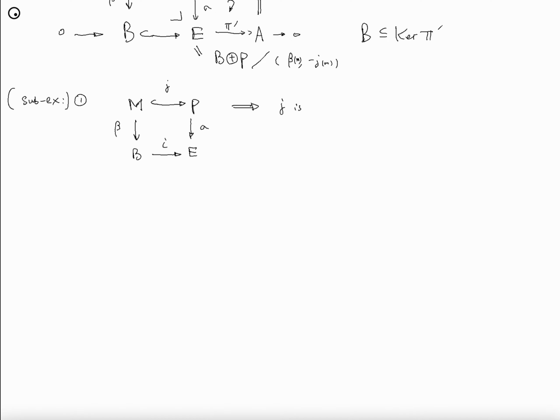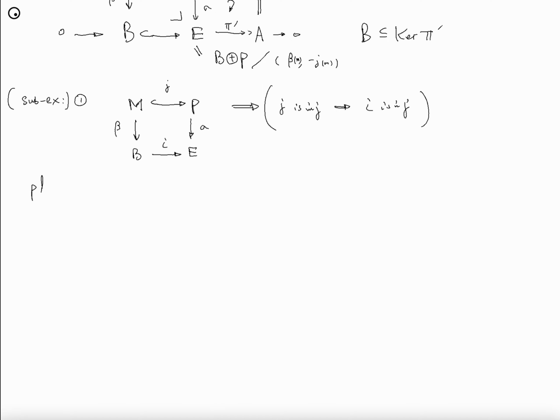So J injective implies I injective. This is a very general situation. I'm just using the symbols of our situation, but this works for any R-module. And the second exercise will be saying that surjective implies surjective. So let's prove this.